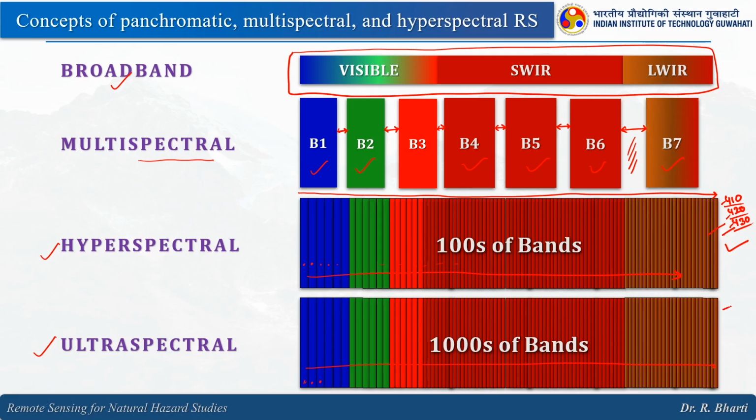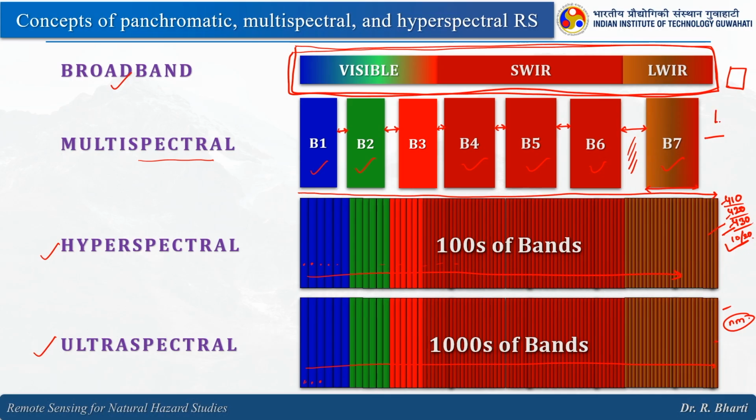But here, it is much finer. So, here you will have a bandwidth in the order of a few nanometers. In hyperspectral, it is 10 to 20, which is comparatively broader. Here it is a broad band, which uses a very long wavelength range to generate one image.